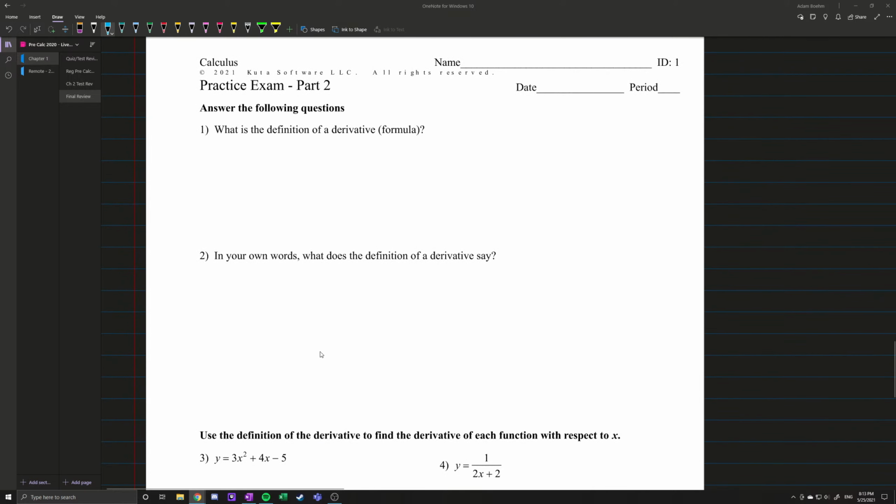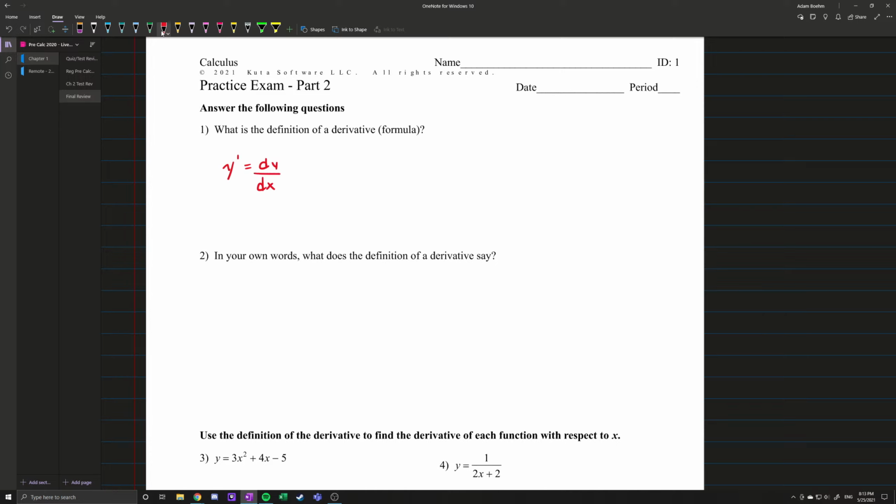What is the definition of a derivative? This is something I am expecting you to know and be very, very explicit with how we say it. The definition of a derivative is the derivative of y, so y prime or dy/dx.